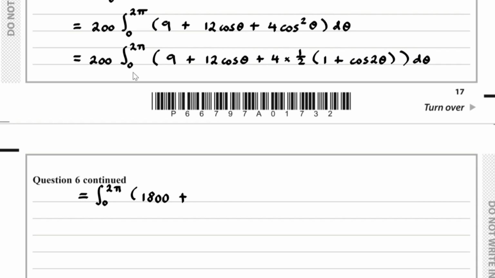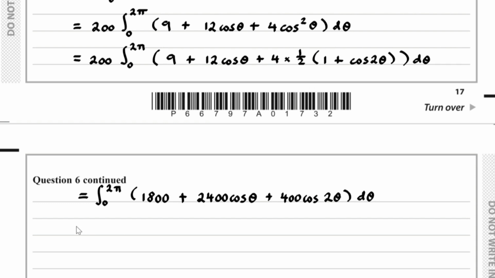And then we've got 200 times 12, and that will be 2400 cos theta. And then we've got 200 times 2 cos 2 theta, so that's 400 cos 2 theta.